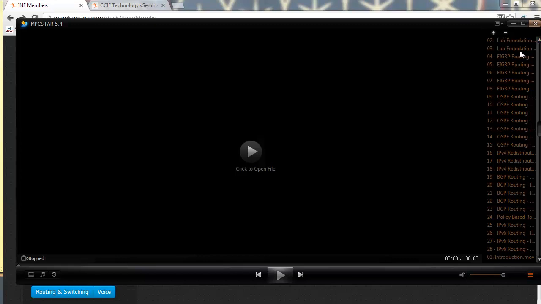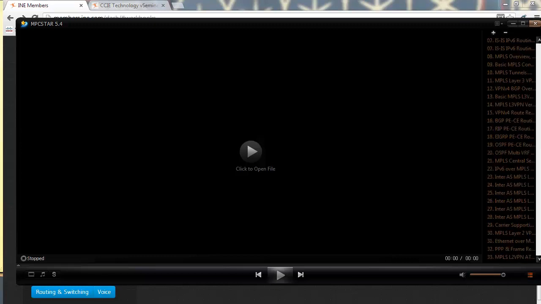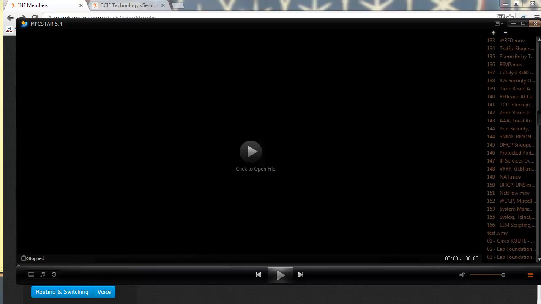That's the idea of being a full-fledged CCNP in this case. This is CCNP stuff, and right below this I have IPv6, and then I have the CCIE level stuff, and I know I had CCNP Switch in here somewhere.